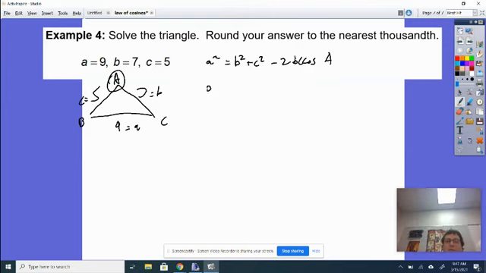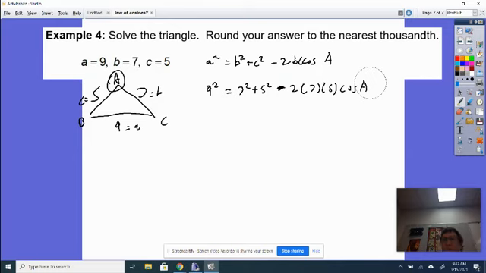Plugging in what I know, 9 squared equals 7 squared plus 5 squared minus 2, 7, 5 cosine of A, which is what I'm looking for.